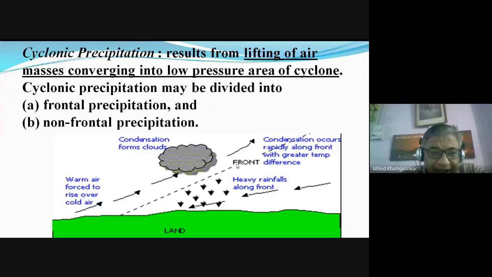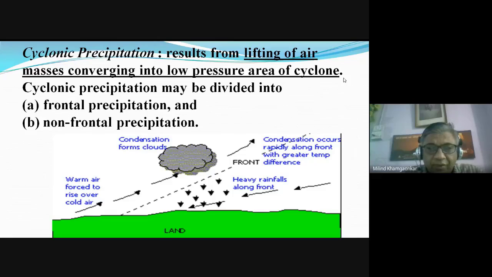This front acts as a sliding plane, and this warm air moves upwards and reaches a certain height where the temperature is too cool, because with almost every 1 kilometer rise above the earth, the temperature reduces by about 5 to 6 degrees. So as we move upwards, the temperature reduction is evident, and the more the height from the earth, the cooler the atmosphere.